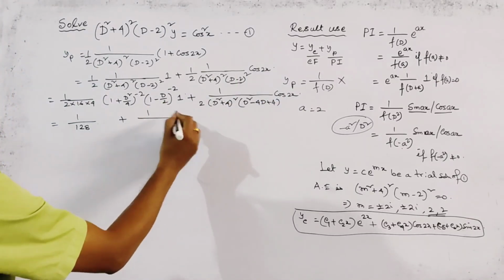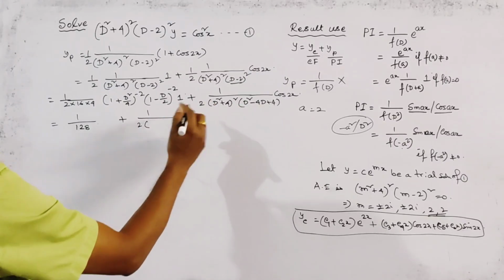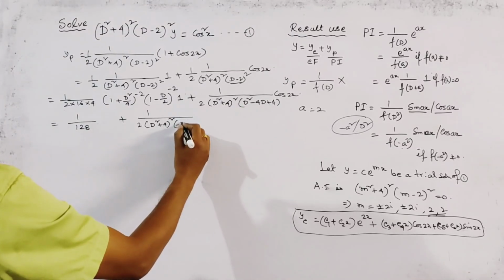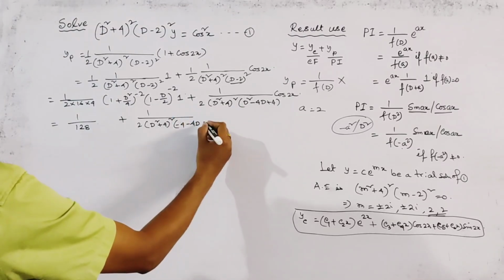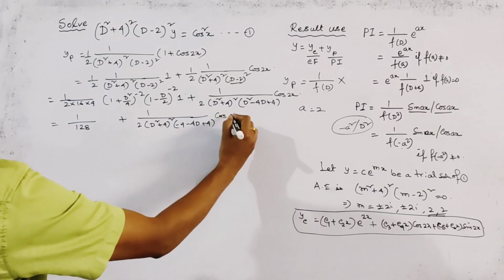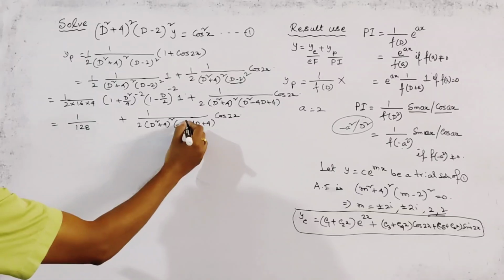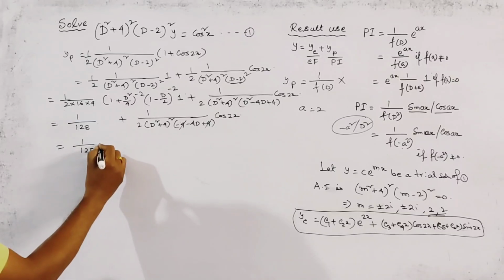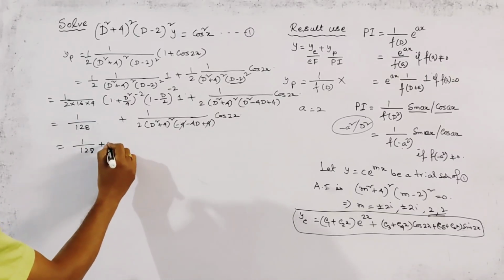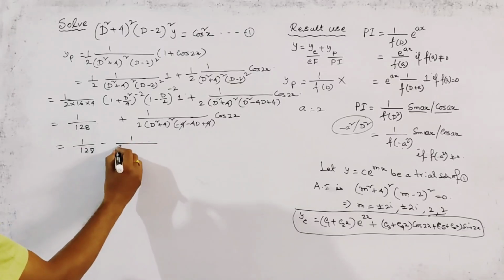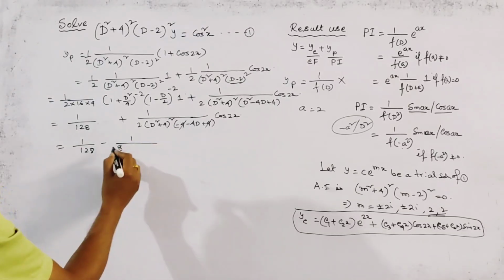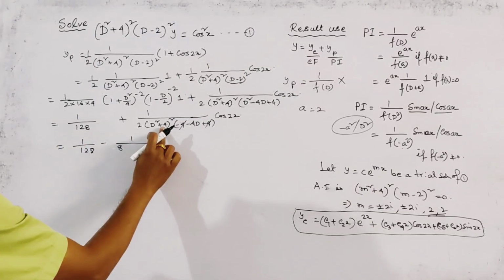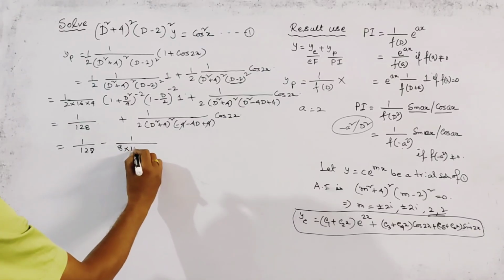So we put it in the second factor, the first factor remains the same, and the second factor becomes minus 4d plus 4 into cos 2x, and minus 4 and plus 4 cancel out, so the result is 128 plus minus 1 by 8 into, here minus 4 is present, so minus 4 into 2, this is minus 8, and we take common 4, that is we get 16.